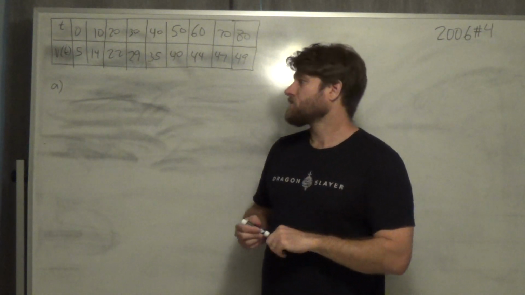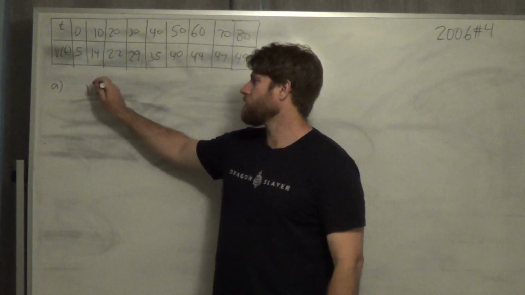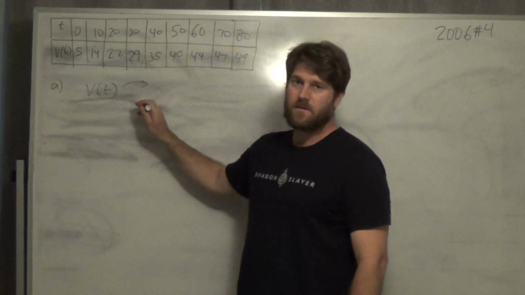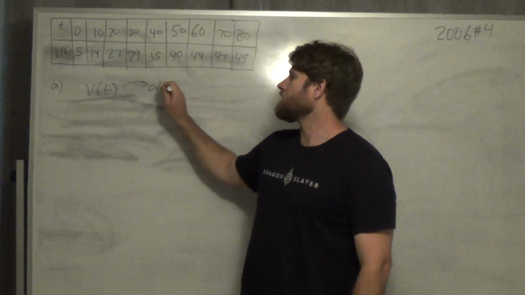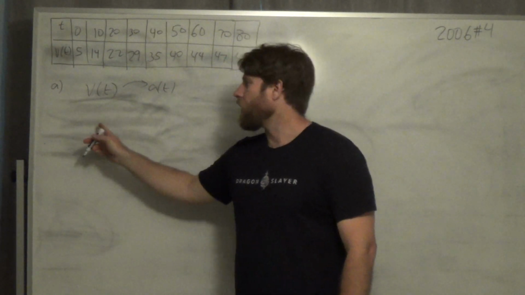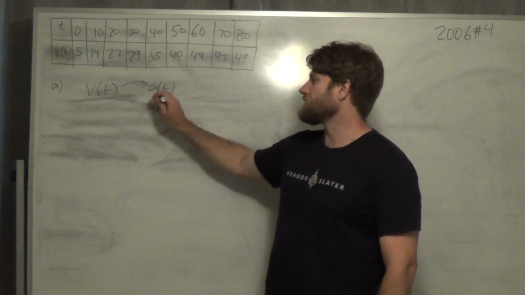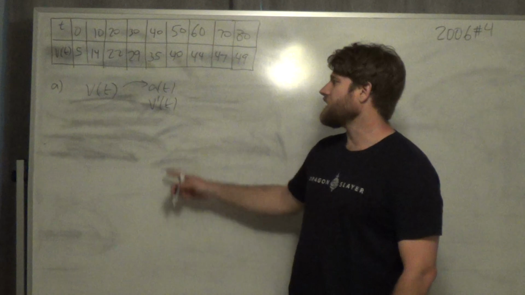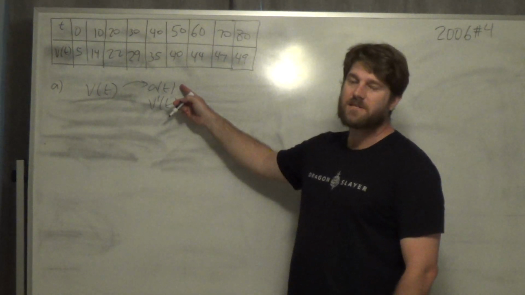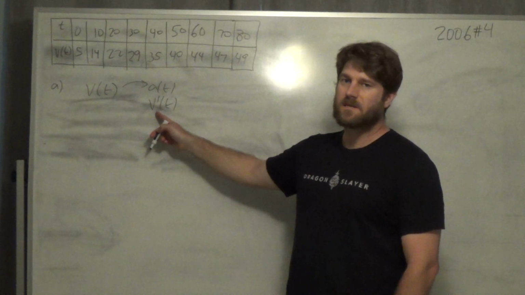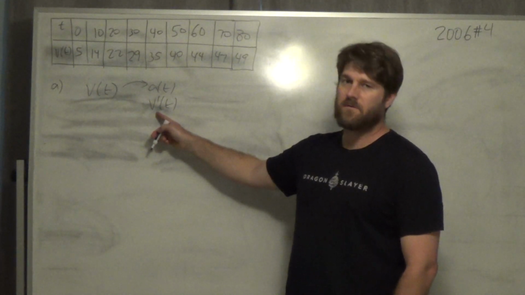Just so we can be clear, velocity's derivative is acceleration. Another word for acceleration, again, is the derivative of velocity. So when they say they want the average acceleration, they want to know basically the change in velocity over time.